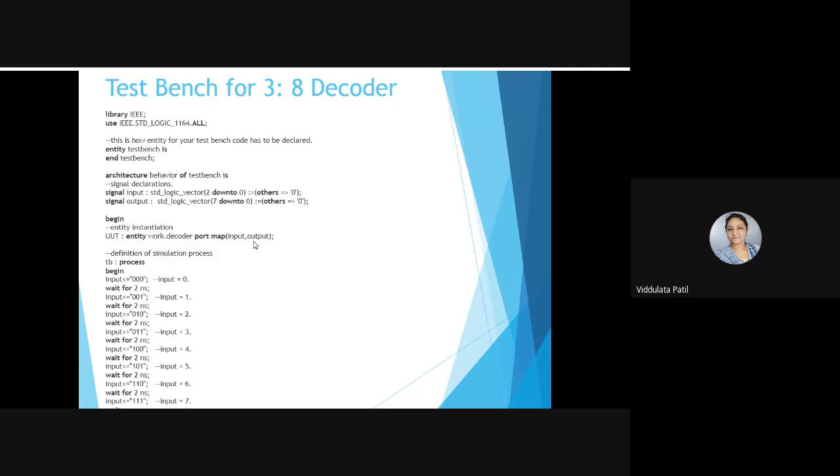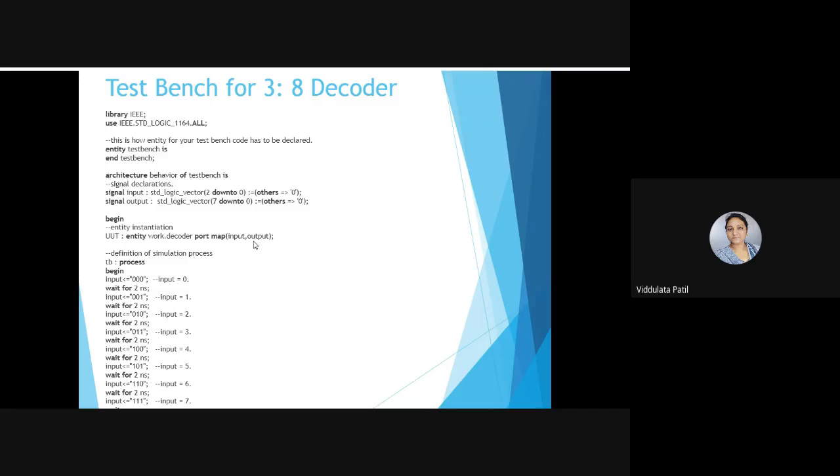So whatever ports are available in the decoder will be mapped to the ports of this unit under test. So instead of directly going for the component there, we have just directly taken this.